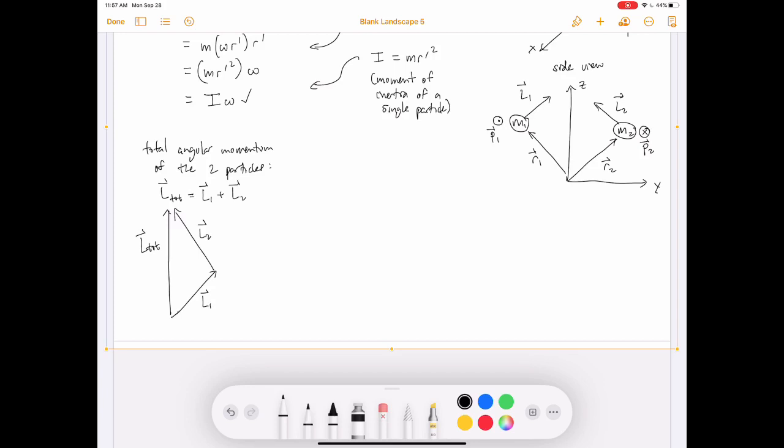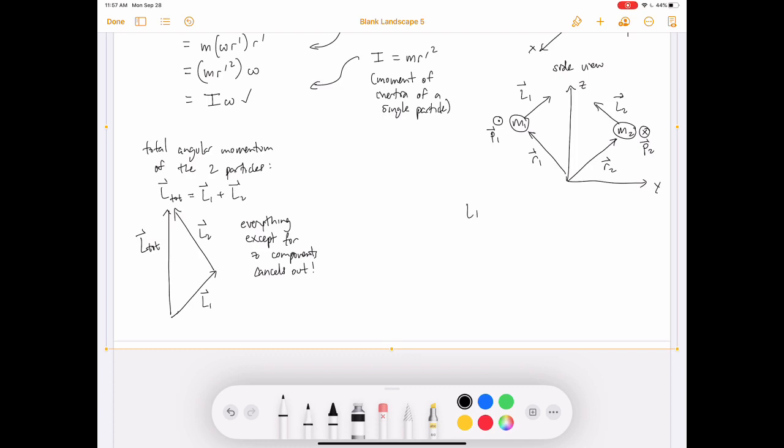The point of showing you this is that everything except for the z components is going to cancel out. Because overall, we're just left with an angular momentum going in the z direction.